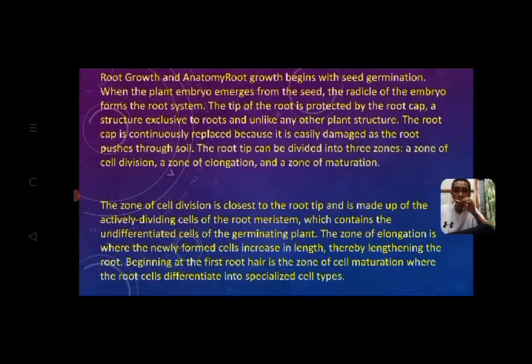The zone of elongation is where the newly formed cells increase in length, thereby lengthening the root. And beginning at the first root hair is the zone of cell maturation, where the root cells differentiate into specialized cell types.